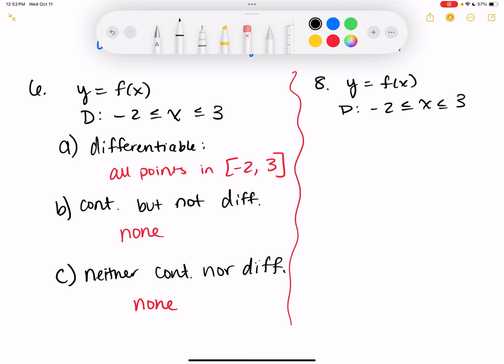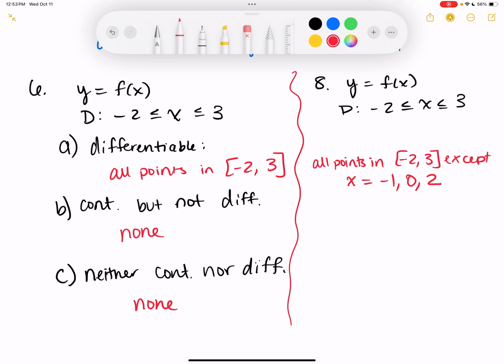So basically the way that the book will write this, instead of having to do a whole bunch of things like union together, they are going to do this as all points in -2 to 3 closed except x equals -1, 0, and 2. So basically they would write it like that, which is obviously completely fine.